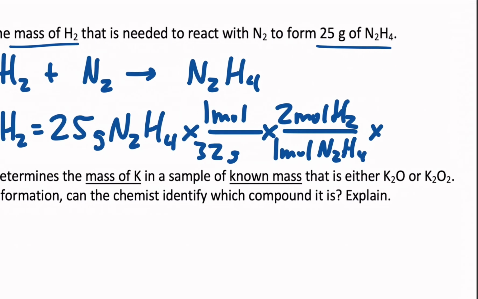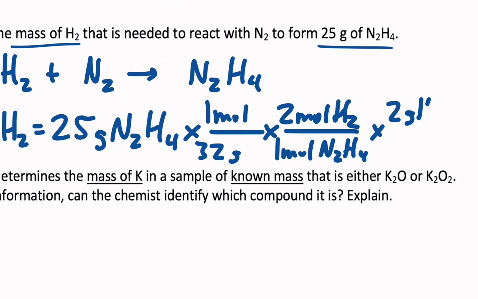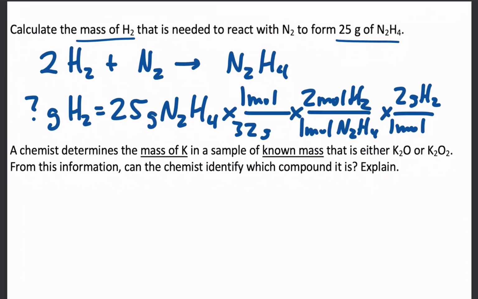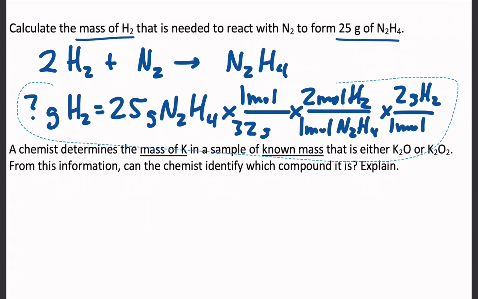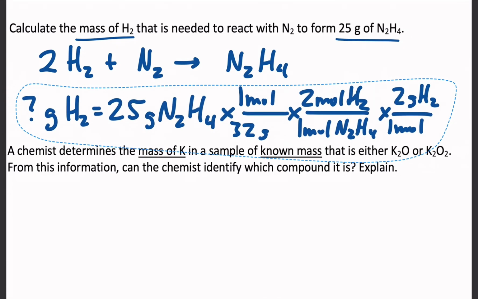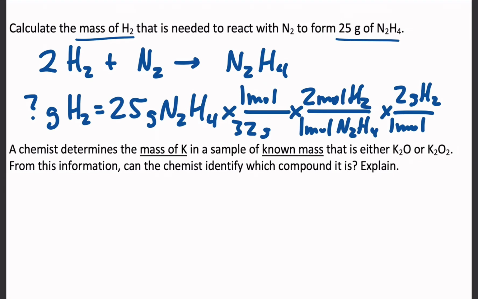But they want a mass, so I need to say that there's 2 grams of H2 for every mole of H2. And then I can simply plug those numbers in. So that gives me 25 times 4 divided by 32. You get 3 1/8. And I'll round to 2 sig figs because the 25 is 2 sig figs. So simple stoichiometry problem, just had to write the reaction and turn my given value into what unit they're asking for.